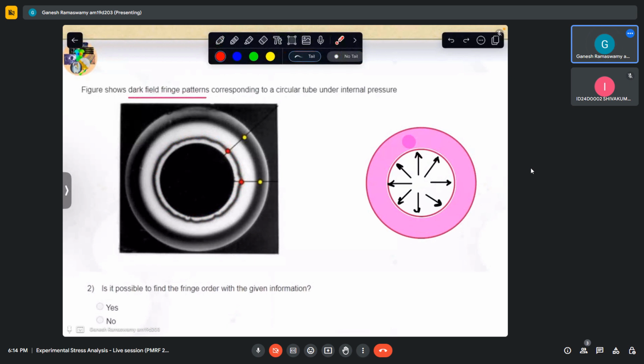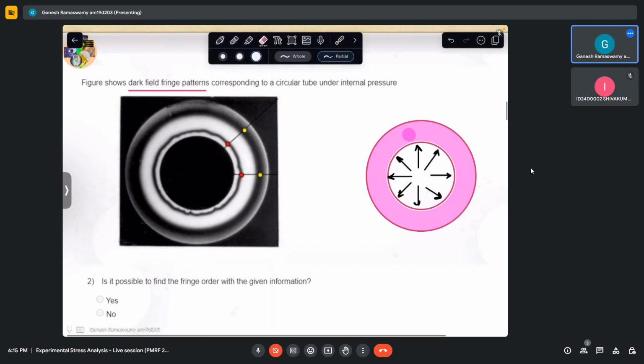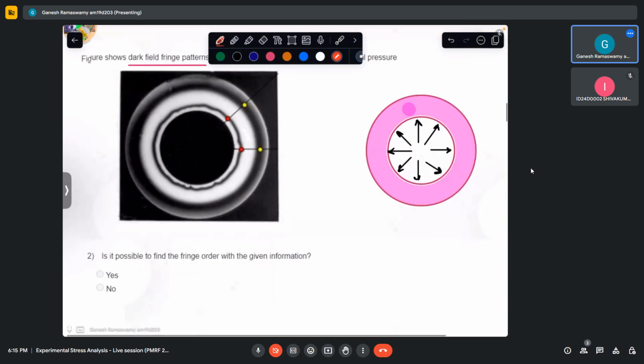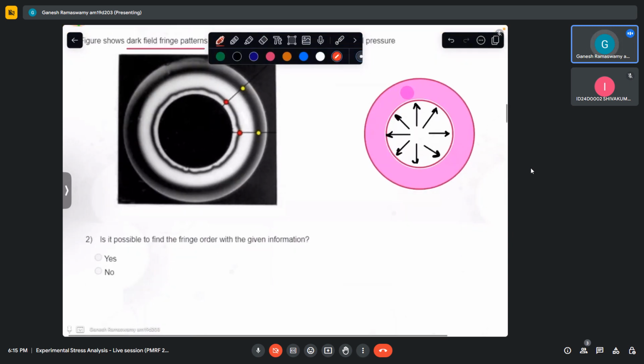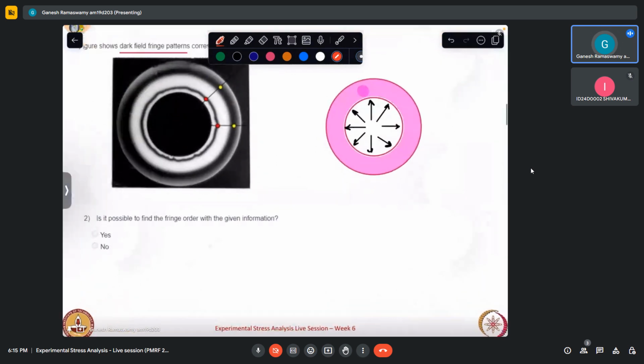Similarly, for the next fringe order they have labeled 2 yellow points. If we project this like this, we see that they meet somewhere around the center of the disc, so to speak. So, these are radial lines. It is safe to consider that these are radial lines. Okay, so with this background, let us look at what the question is asking.